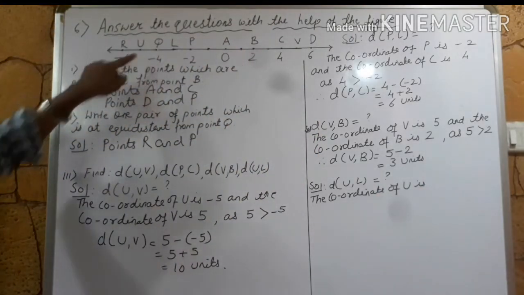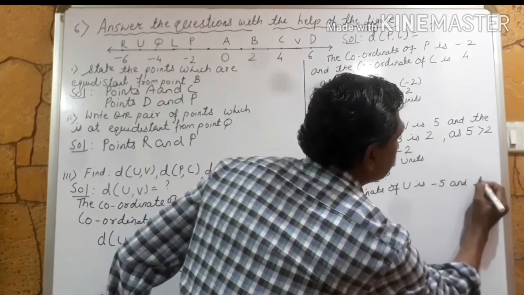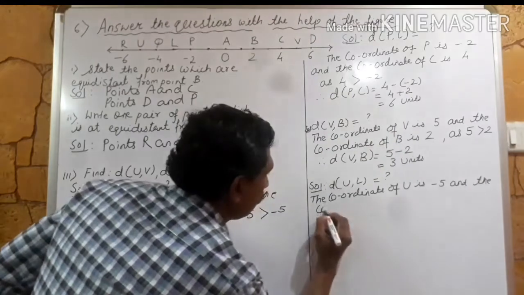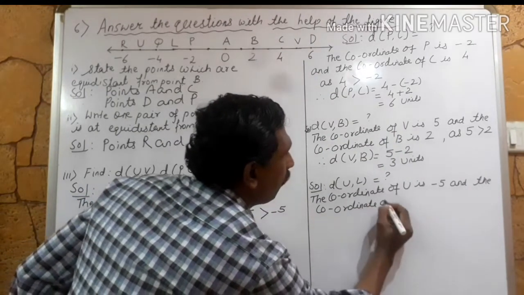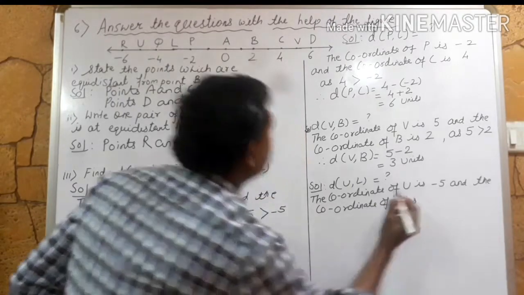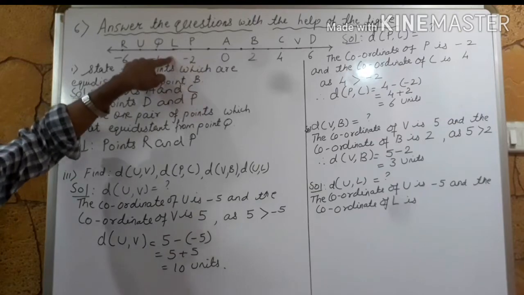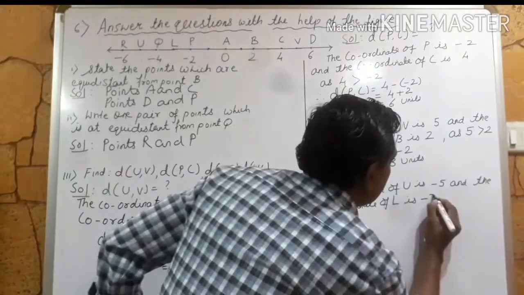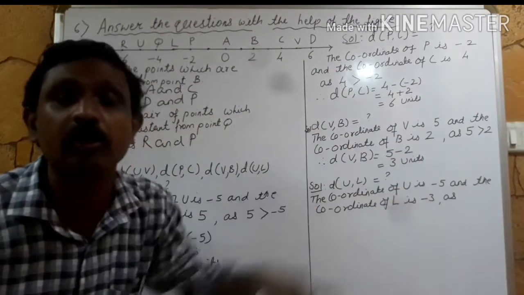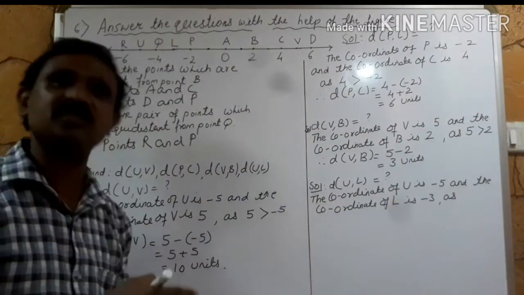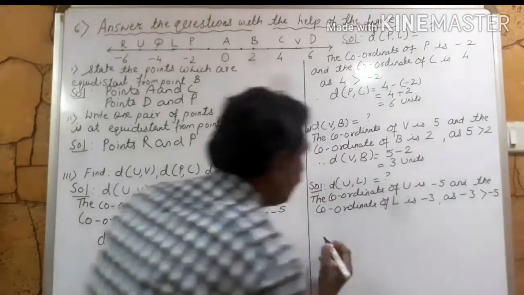Minus 4, minus 5 is minus 5, and the coordinate of L is, where is L? L is here. What is the coordinate? Minus 2, minus 3 is minus 3. Now here which is greater? Minus 5 is greater or minus 3? Yes, minus 3 is greater than minus 5.